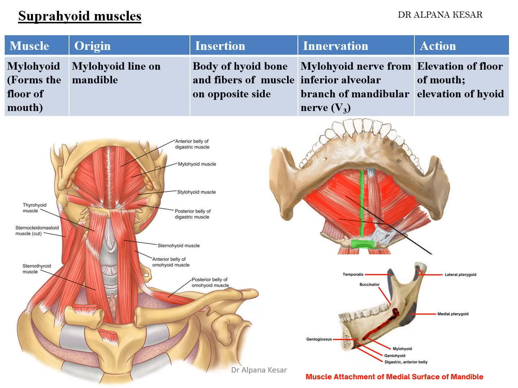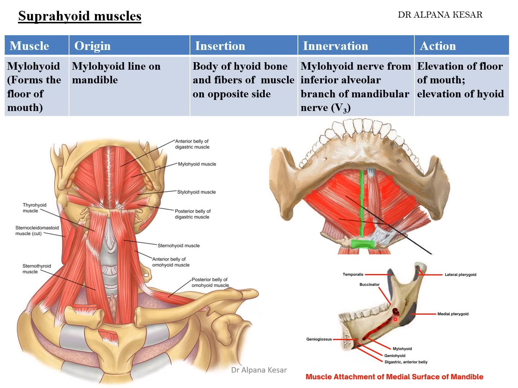Mylohyoid muscle. Mylohyoid muscle, which forms the floor of the mouth, is also called oral diaphragm. Its origin is from the mylohyoid line, which is present on the inner surface of the body of mandible.